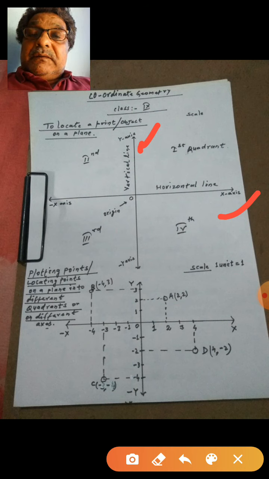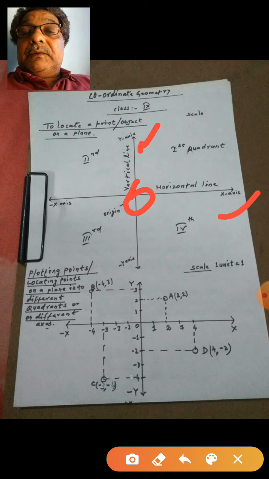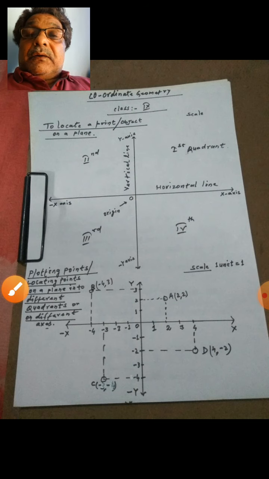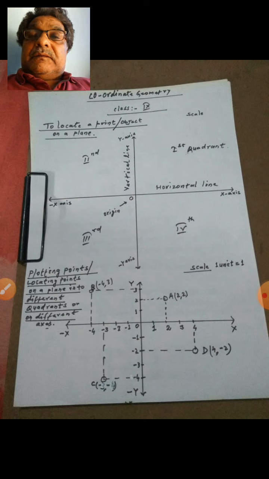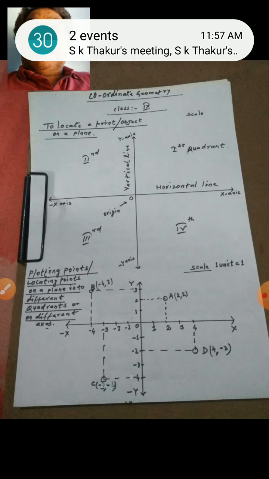From this origin, if you go right on the x-axis, it is the positive part of x, and to the left it is the negative part of x. Similarly, above the origin is the positive part of the y-axis and below is the negative part of the y-axis. Okay, students. These two axes are called coordinate axes or Cartesian axes, after the great mathematician Cartesian.